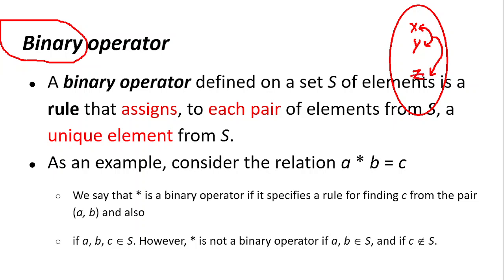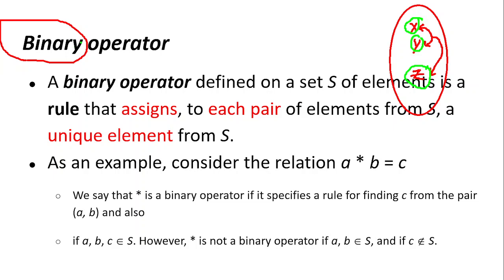This is also called a closure. So if you take any 2 elements from the given set, say x and y, and if you apply a binary operator, the result must be one more element that belongs to that particular set. So in that case, we say that this is a binary operator.